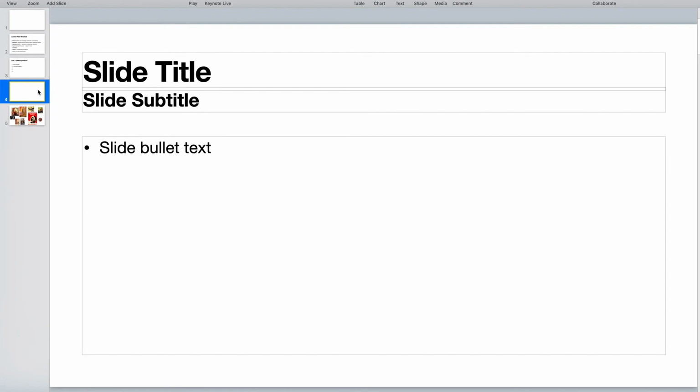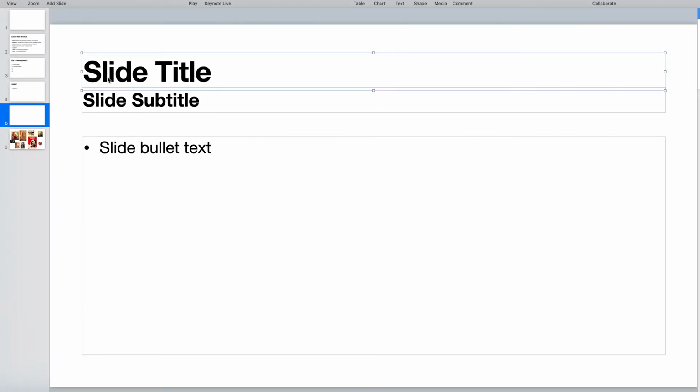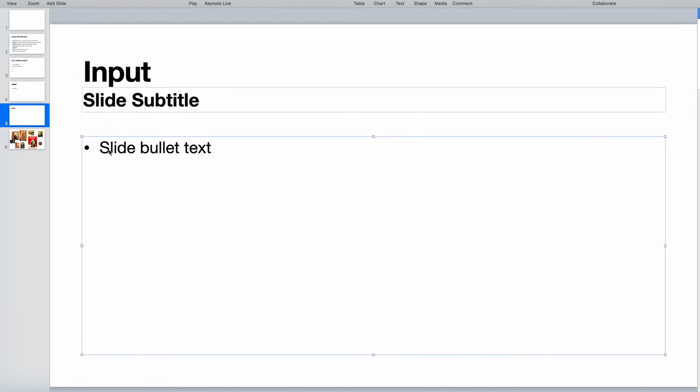So we've got our SWBAT, and then you list the idea that we're going to address, propaganda, and you can actually put the standards there, and then we're going to have our input. And in the input, that's when you're going to list the different propaganda techniques, and they're glittering generalities. They are so on and so forth.